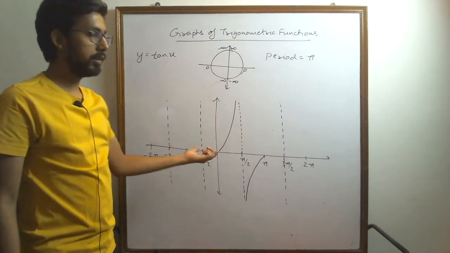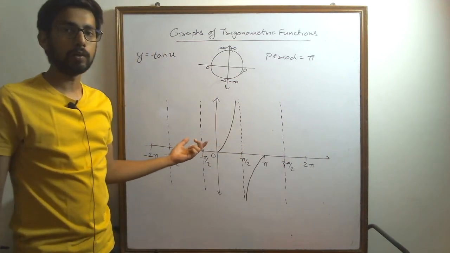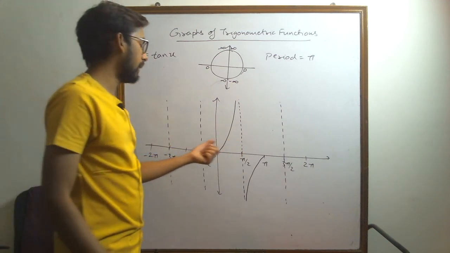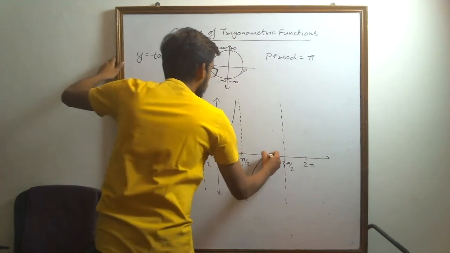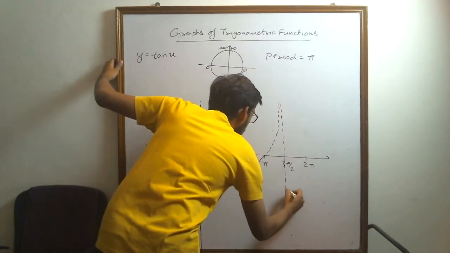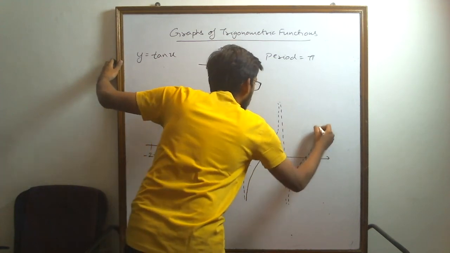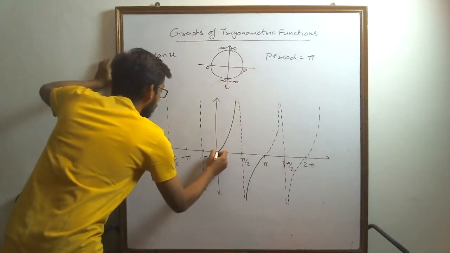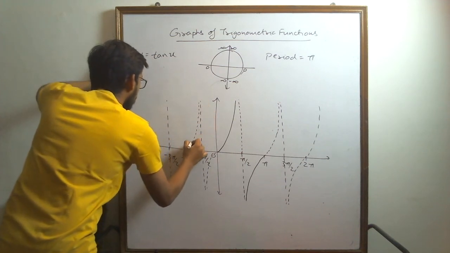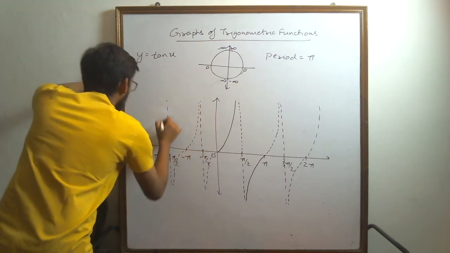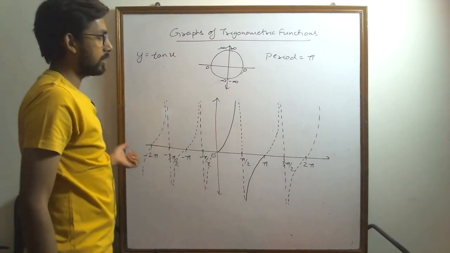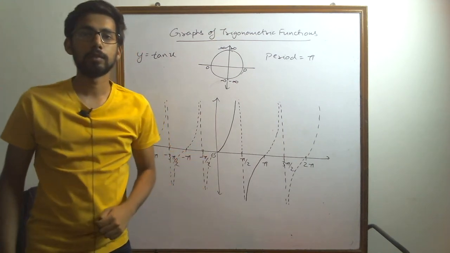Now the period of tan x is pi only, so we need to make the graph only from 0 to pi and then repeat it on both sides. And this gives us the graph of y is equal to tan x.